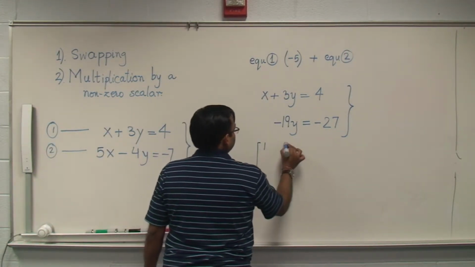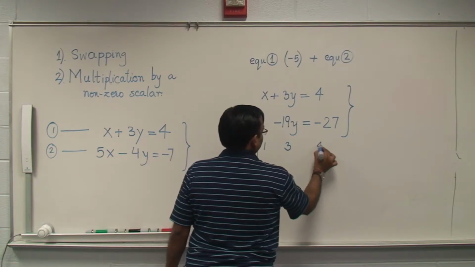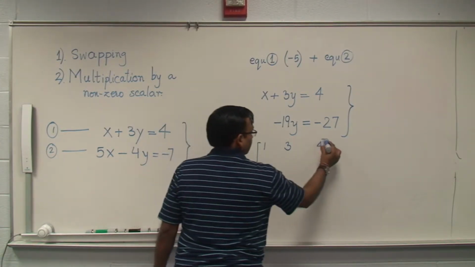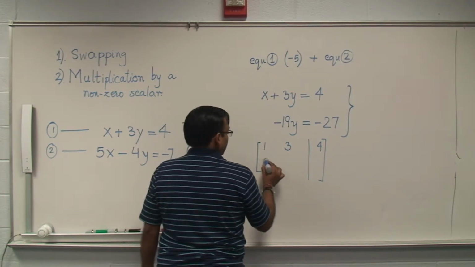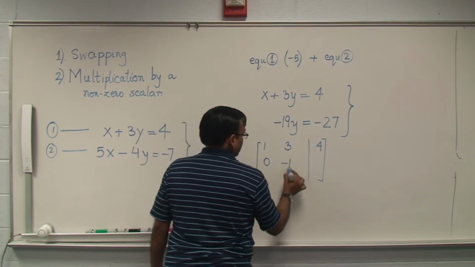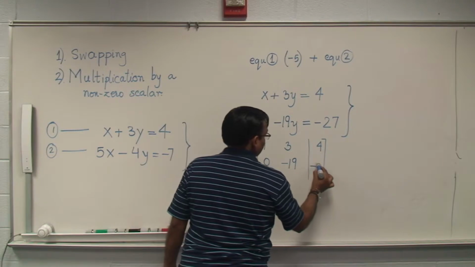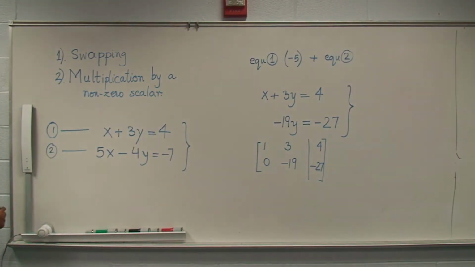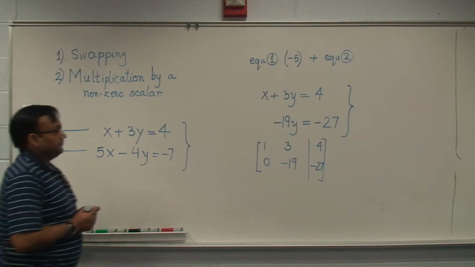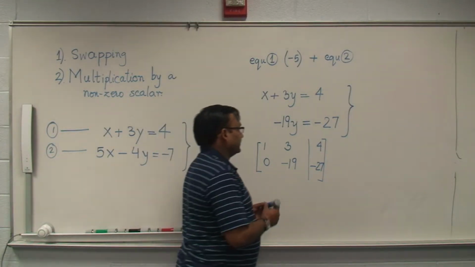So this is 1, 3, 4. Zero, minus 19, minus 27.